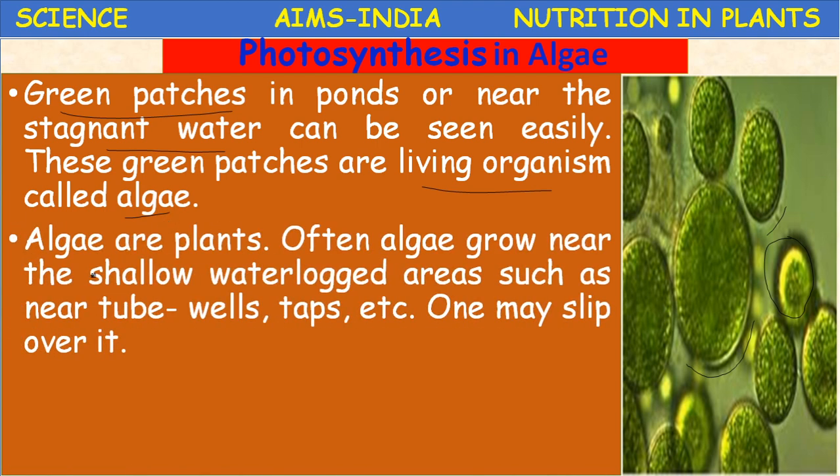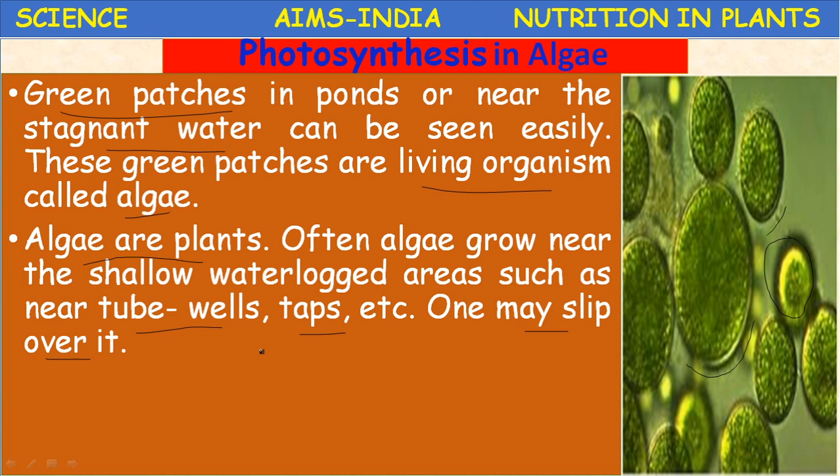So algae are plants. They often grow near the shallow waterlogged areas such as near tube wells, taps. One may slip also. Sometimes they are very slippery because a slimy layer is present on this algae. So sometimes you may fall down also. In the house also, where the water always stagnate, there these algae will grow.